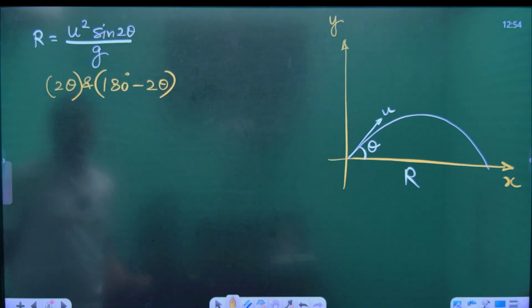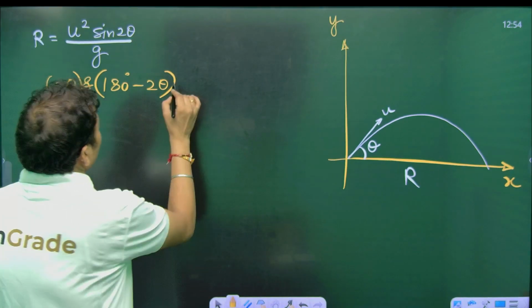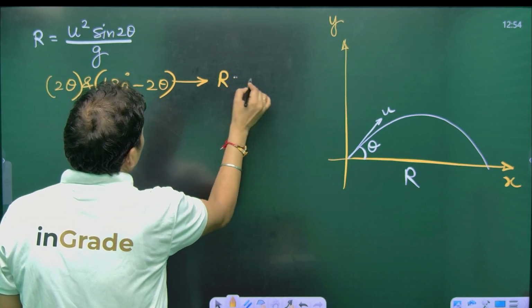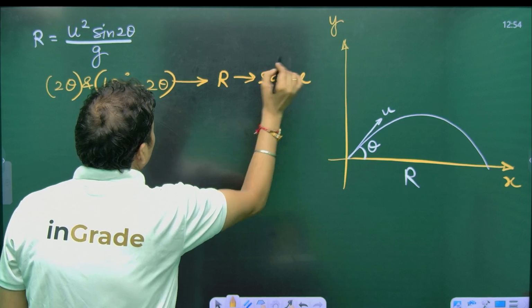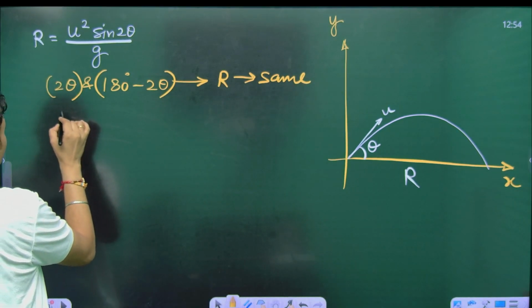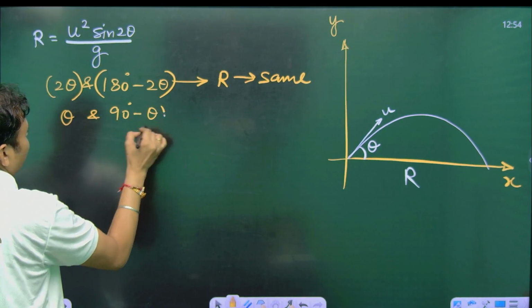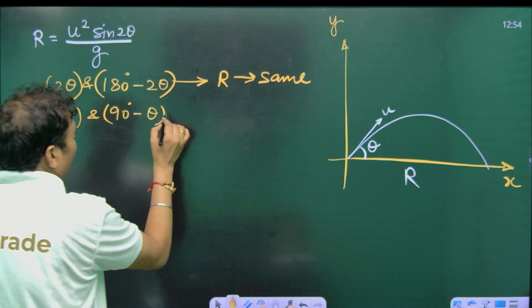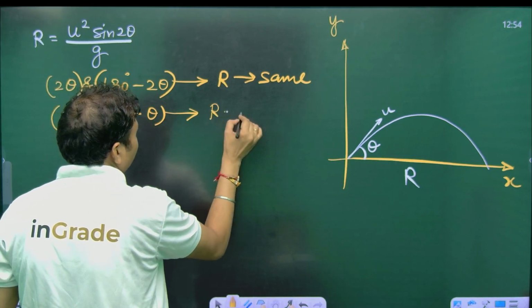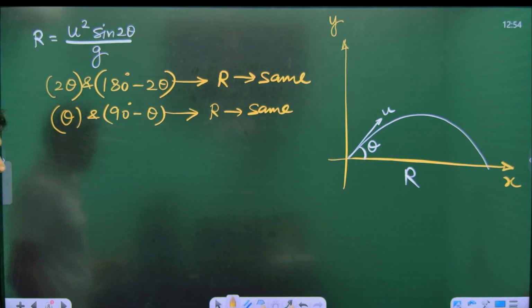So 2 theta and 180 degrees minus 2 theta are supplementary angles. For both of them, the range will remain the same. Or if we talk about the angle of projection, theta and 90 degrees minus theta are complementary angles, and the range will remain the same if the initial velocity is the same.